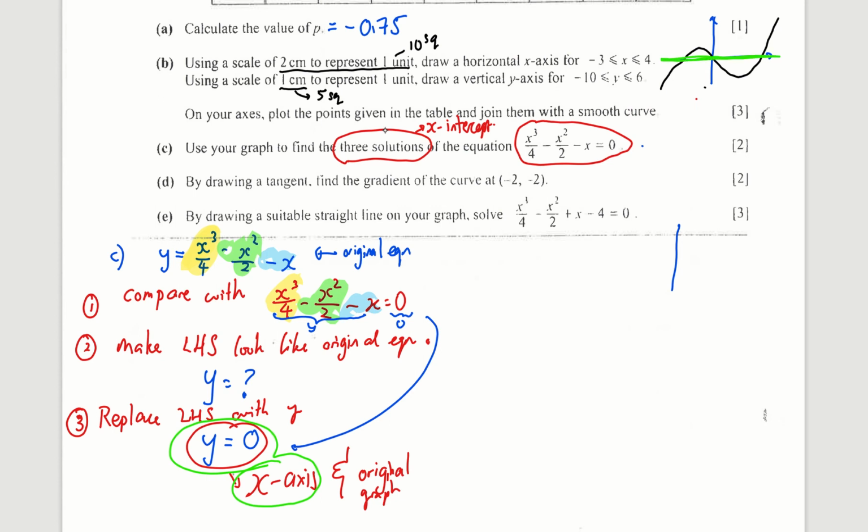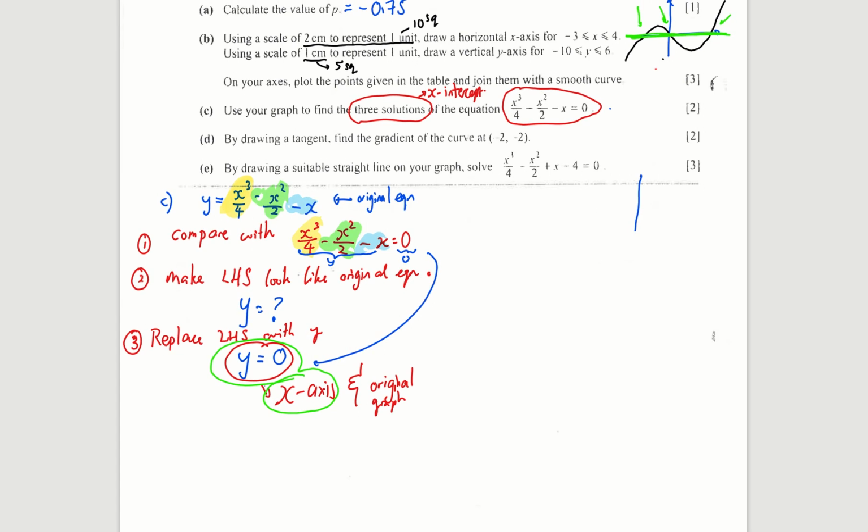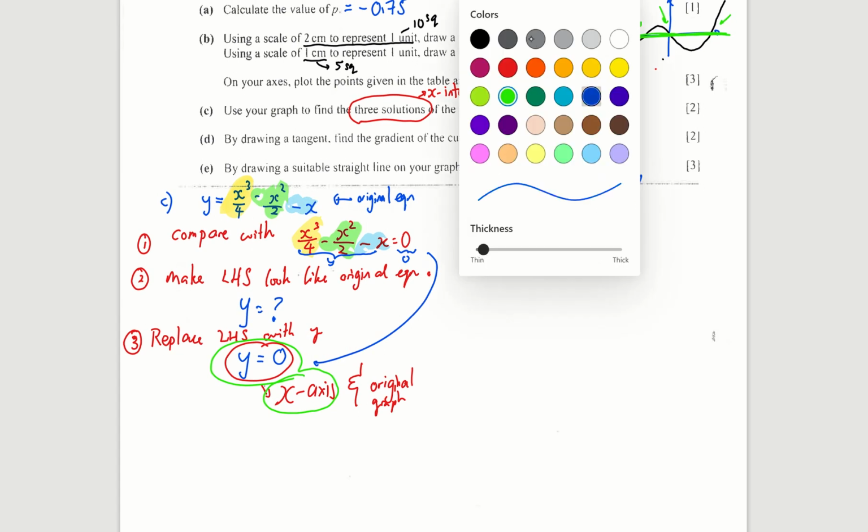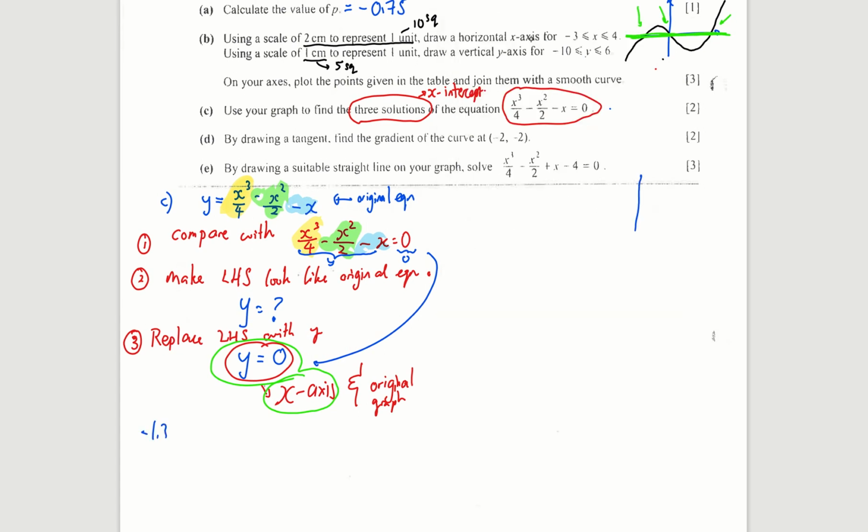You see that there are 3 points here, here, and here. Therefore, the answer will be a range. The first one will be minus 1.3 to minus 1.2, then 0, no range, and 3.2 to 3.3. So altogether there are 3 answers.